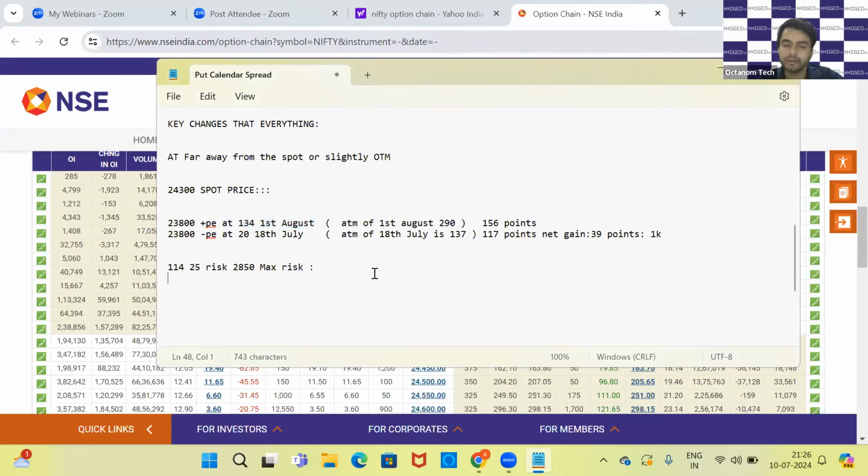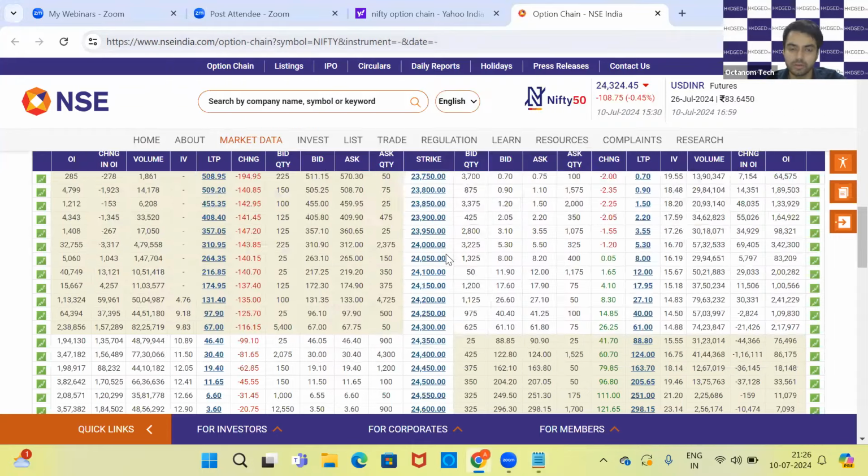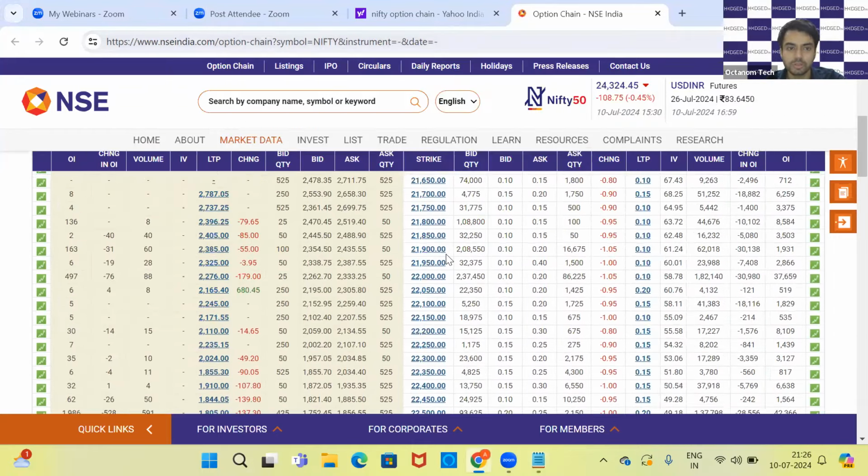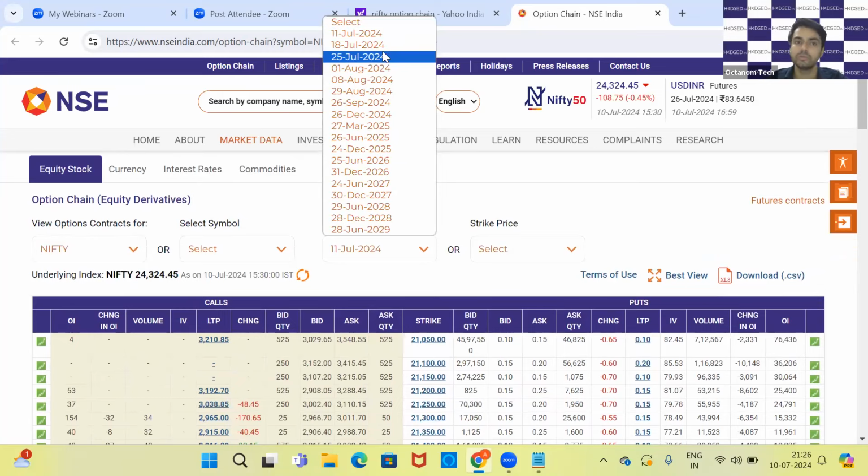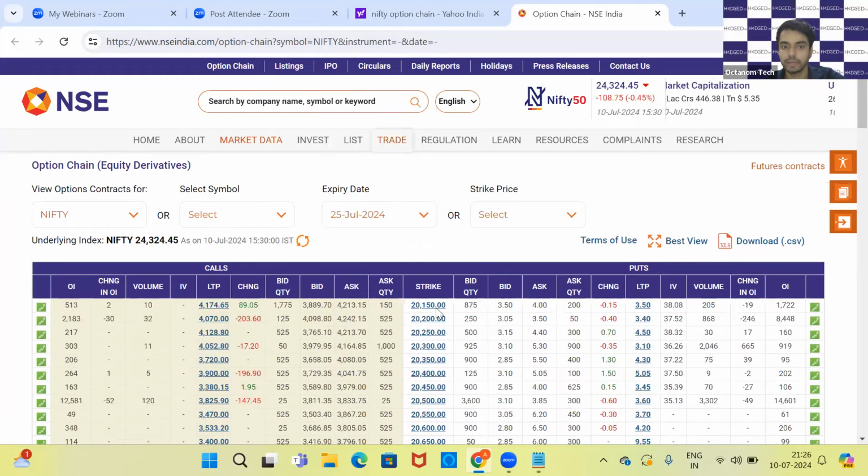Now, if Nifty is sideways, I'm still in a good position because this 20 will expire. This 134, let's just check, how much is it going to be? There are 1, 2, 3, 4. So after 18, there are still 2 weeks. So we are going to check 25th July.